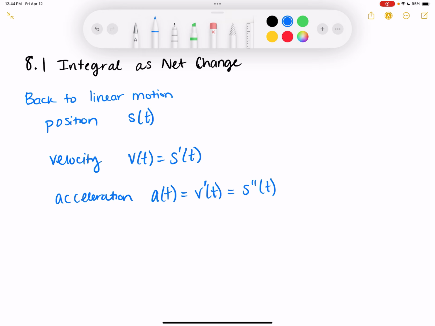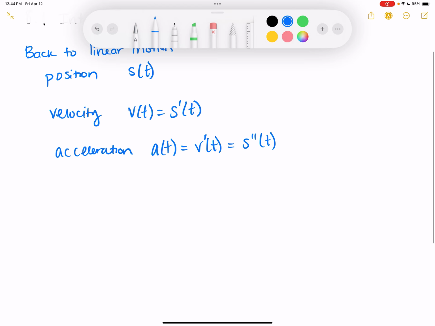You're also going to notice that a lot of these are word problem type questions. And so the strategy for modeling with integrals.